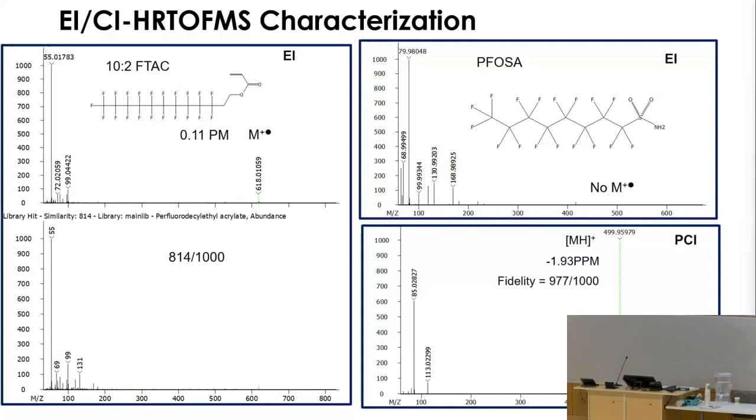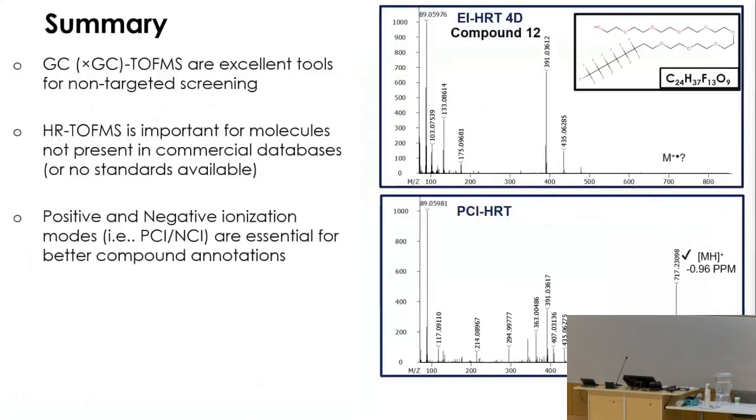So I don't have the molecular ion, no problem. I can get the protonated molecular ion, I can use the isotopic fidelity and gain confidence in the annotation for this compound. And if the standard is readily available, I can purchase it and run it and then be really confident that that's the compound.